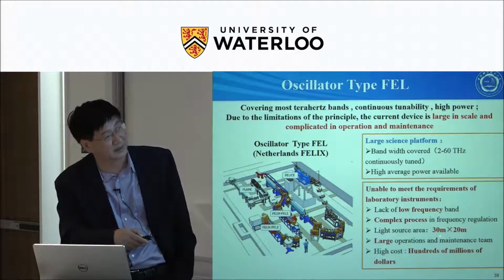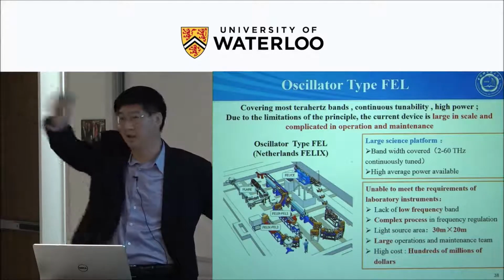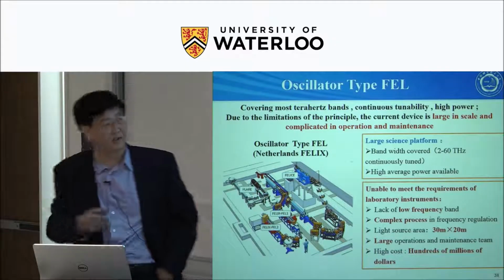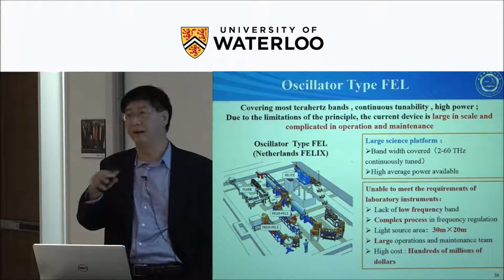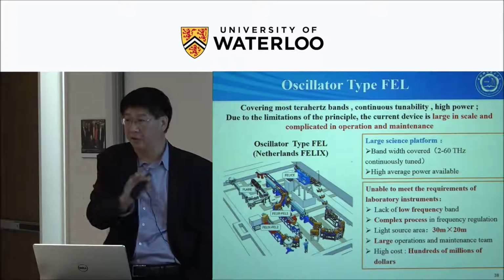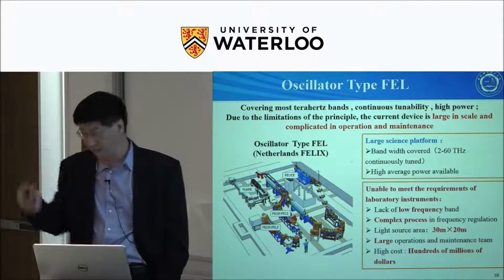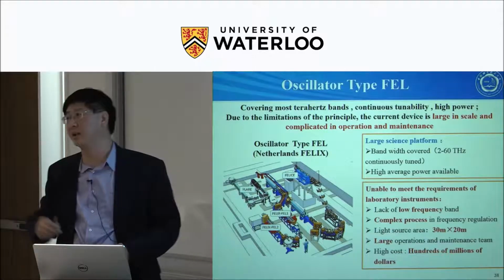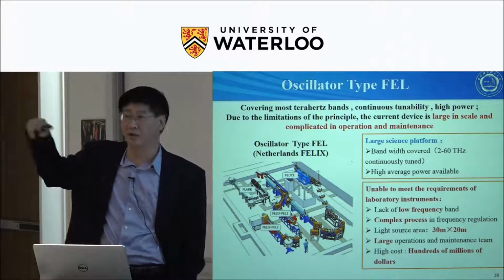How big is it? 30 meters by 20 meters. It's like a room size, even bigger than this room. So it is hard to use them as a scientific characterization system. We need some way to make them table size. Then we can incorporate this into future system development.